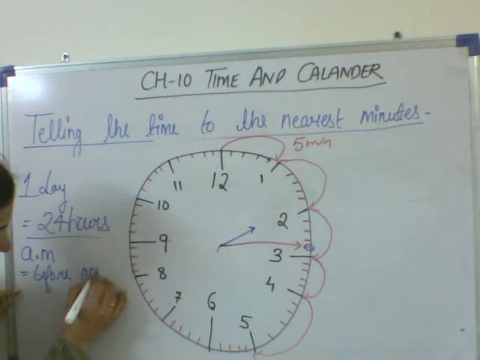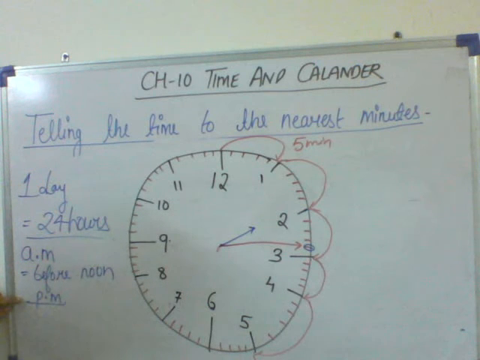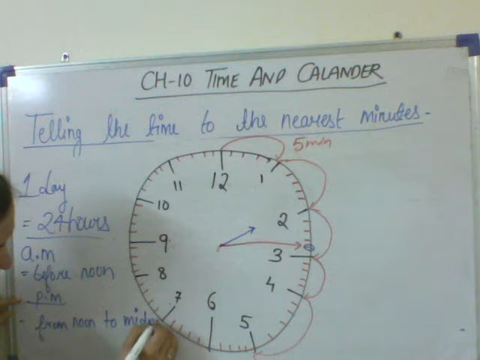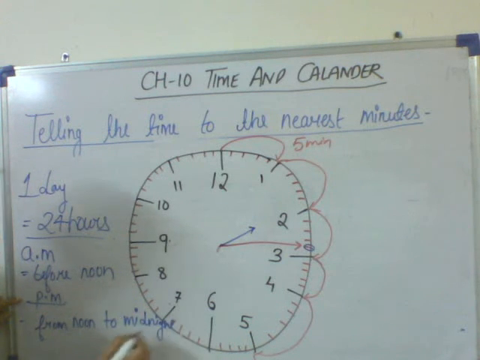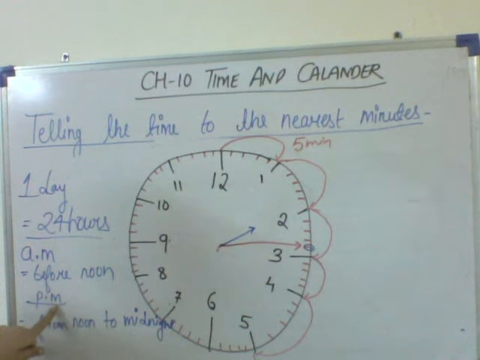It shows the time before noon. And PM, what does PM show? PM shows the time from noon to midnight. AM is used before noon, and PM is used from noon to midnight.